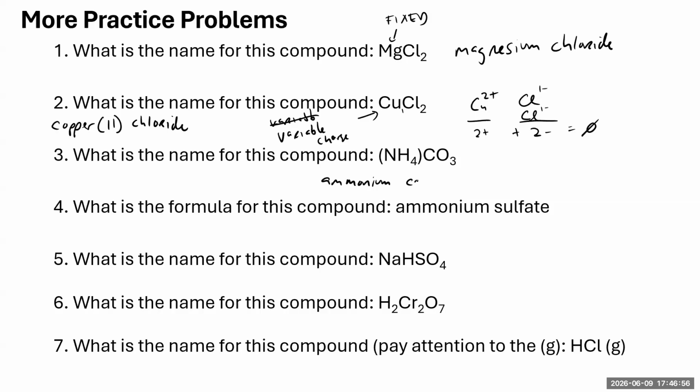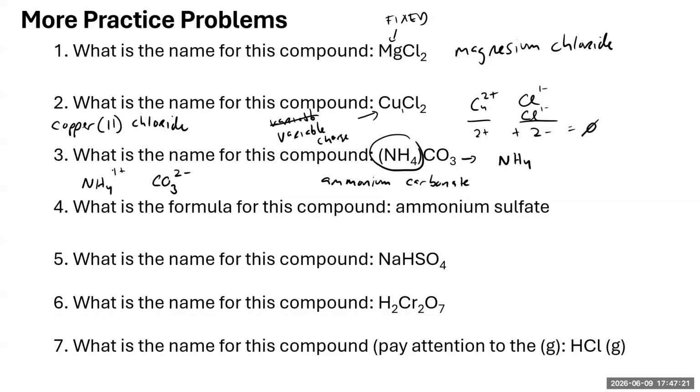All right, this is 2 polyatomic ions, so it just would be called ammonium carbonate. So we're basically just looking this up. And actually, this is a wrong one. It should be actually NH4, because if you look at the charges, NH4 is a 1 plus. CO3 is a 2 minus, right?